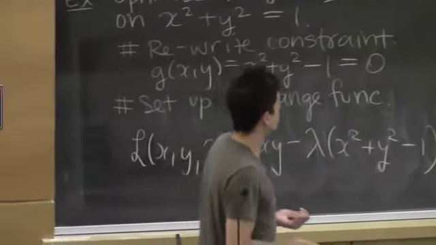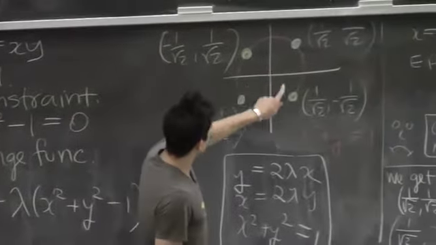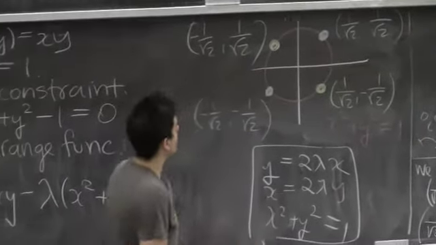Okay, so the green guys are mins, and the blue guys are maxes.